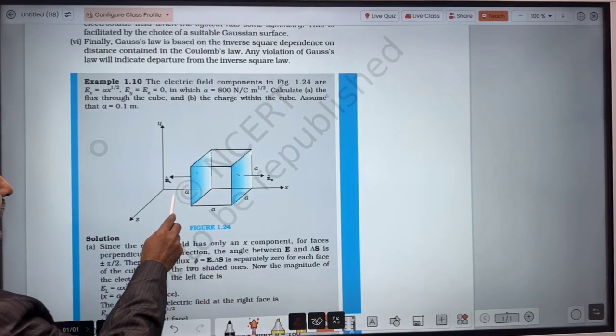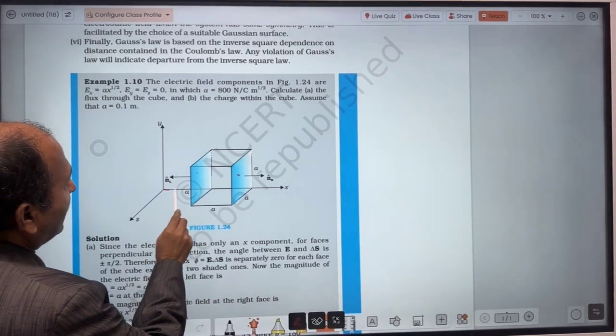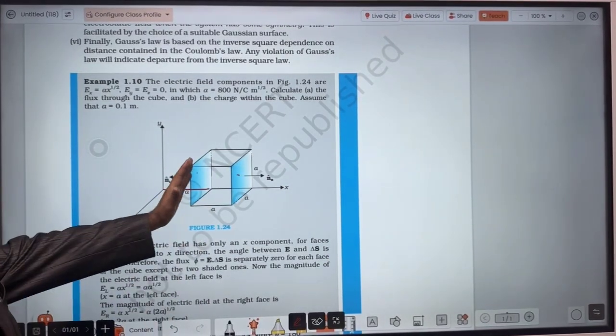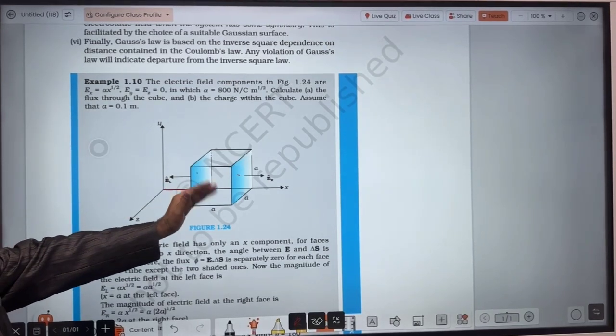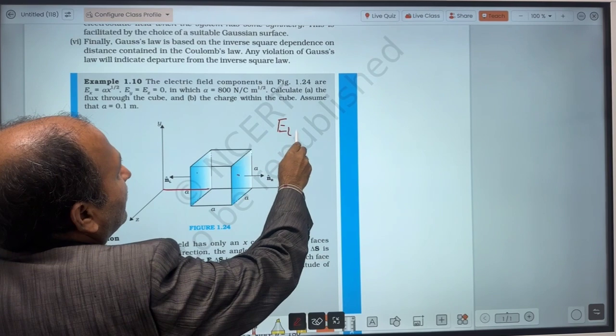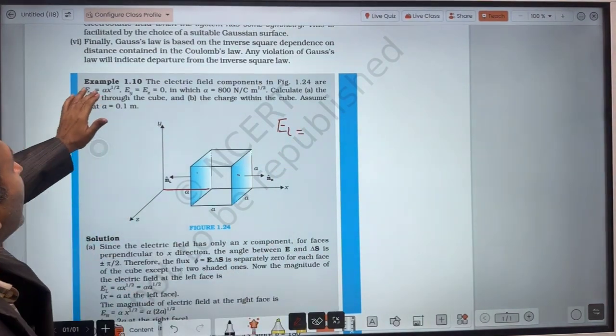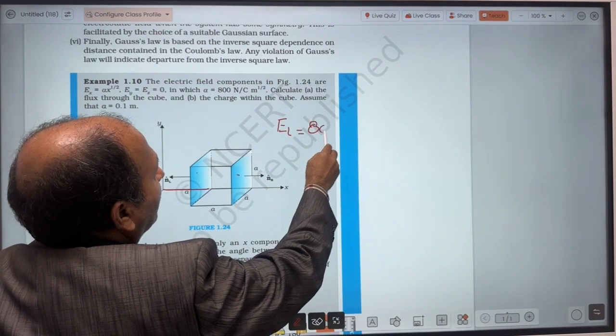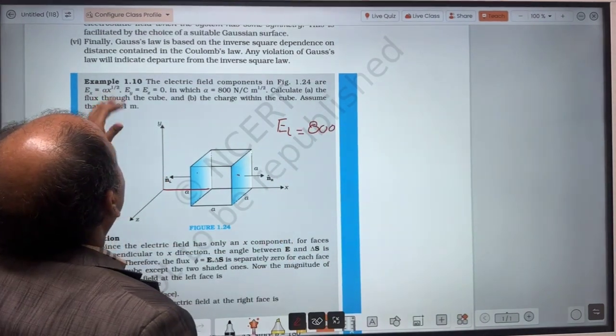Now consider the first face. So up to here the distance is A. So we have to find out what is the electric field on the left face. So the electric field on the left face, EL, will be from this formula alpha, so we can write 800 into x power half.